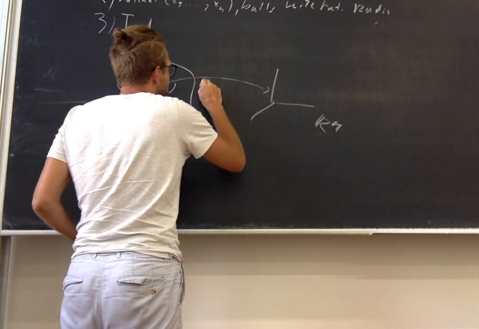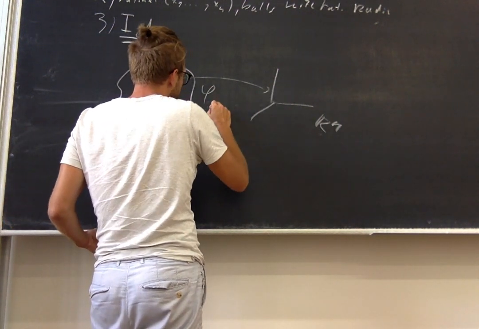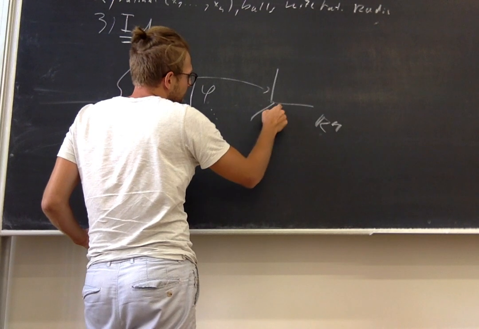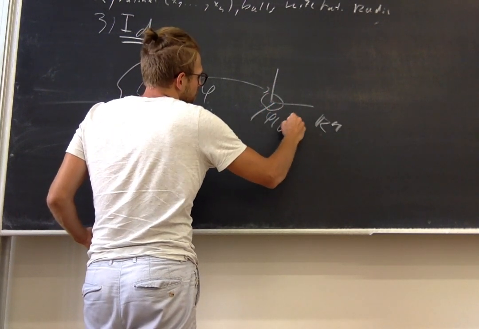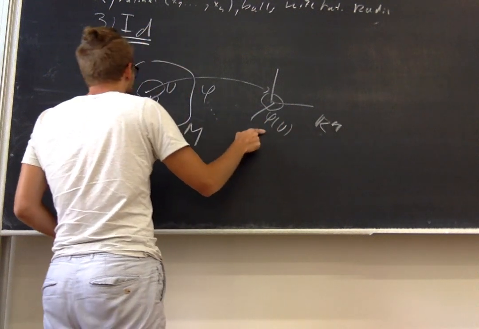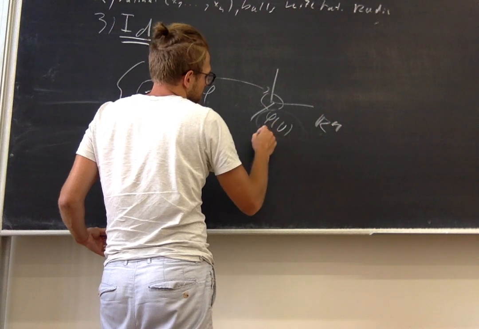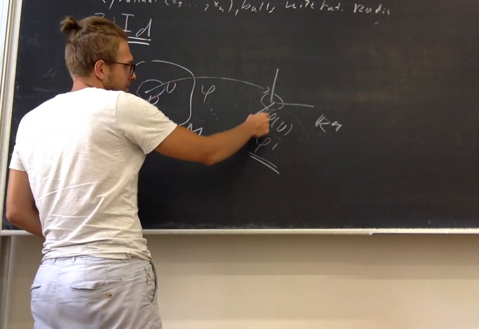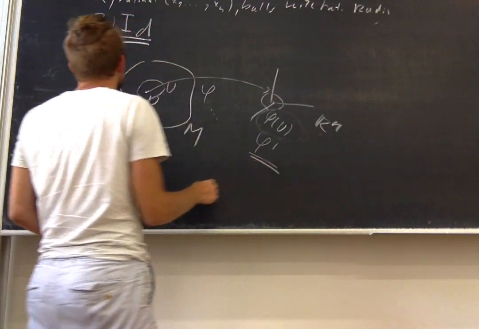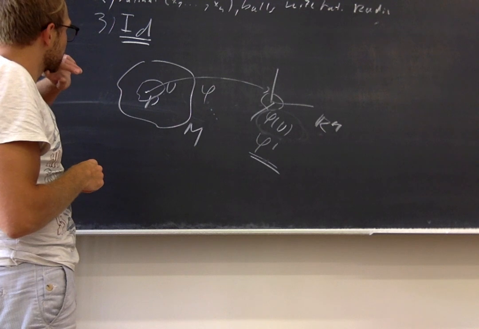This map phi that maps over here is called the coordinate map, and the components phi i are called the local coordinates. So that's a little bit of the terminology.